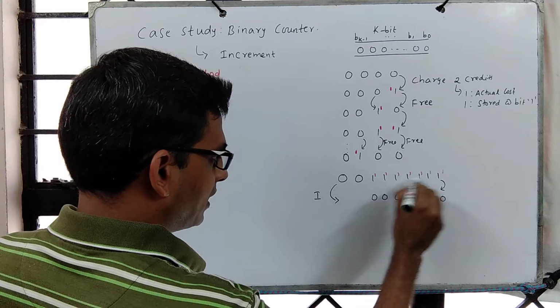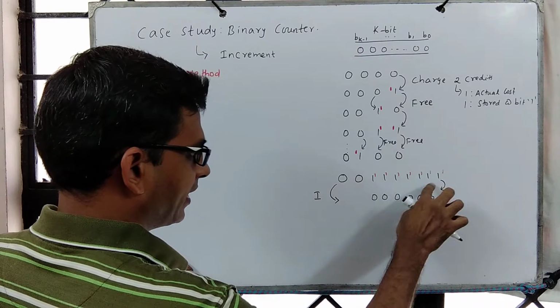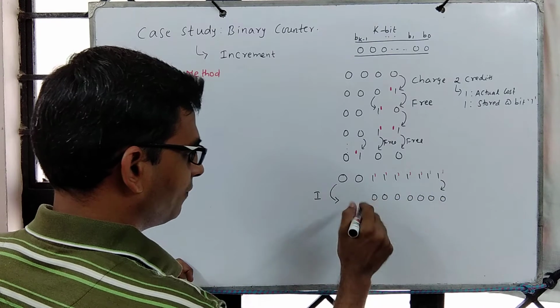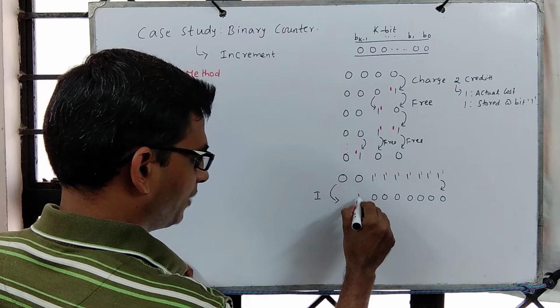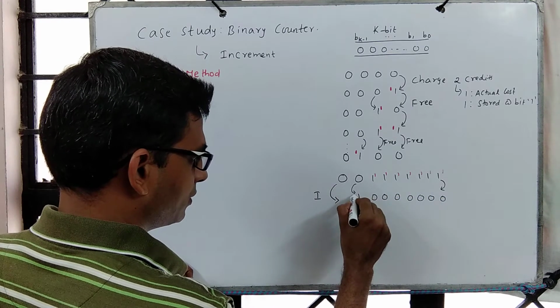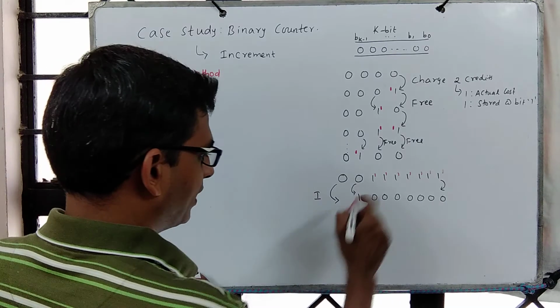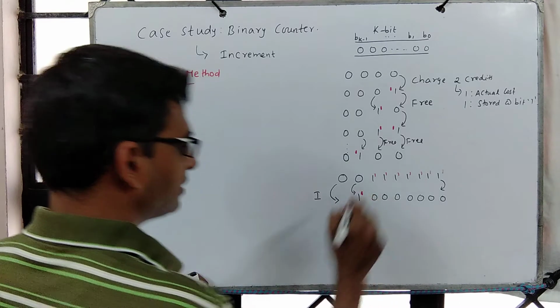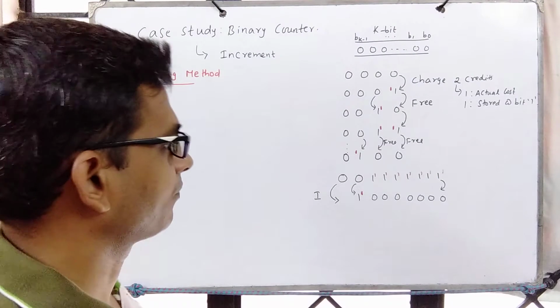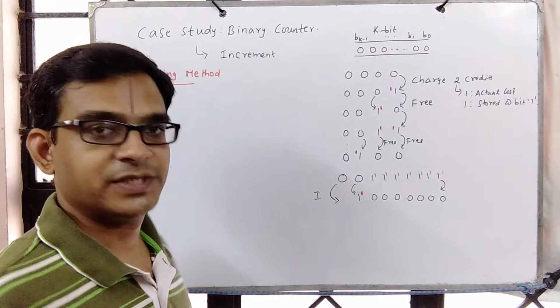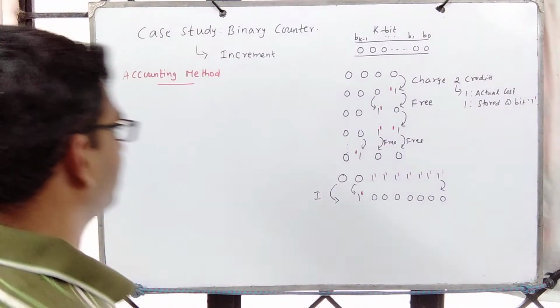Now the cost of these flips is taken care of by the 1 itself, and this will be flipped to 1 and the cost of this is 2, and 1 is for the actual cost, another one is with this. So that's precisely what this one is saying.